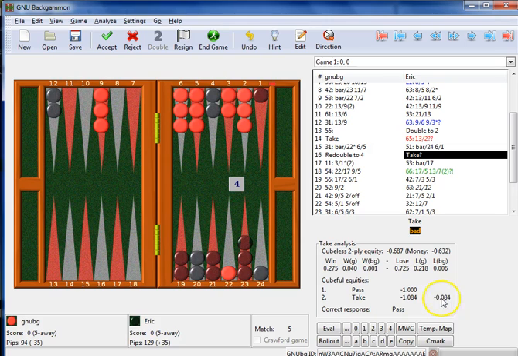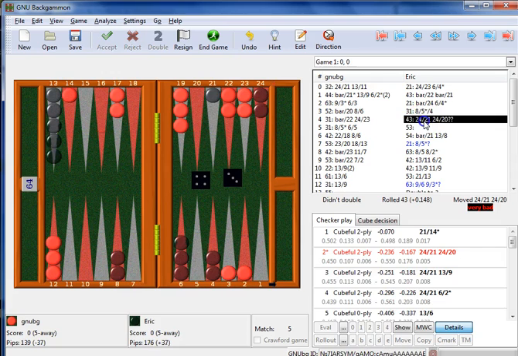And so the difference there is again 0.084. So 0.08 to 0.16 for GNU BG is considered a bad decision. That's why it's highlighted pink here, and you can see here it says take bad. So that's how doubtful, bad, and very bad are calculated in GNU BG.